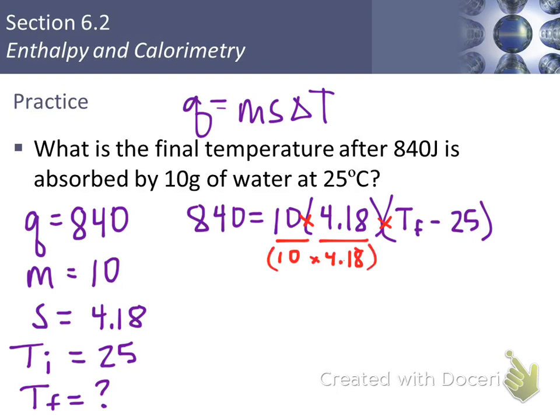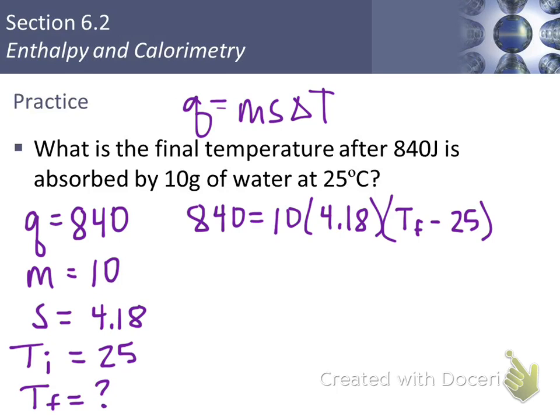I can multiply those together and then divide them over. Because I want to get this term by itself, because it's got my TF in it. Does it make more sense for you guys to just distribute the 10 and the 4.18 through the whole thing? Okay, we'll just do that.